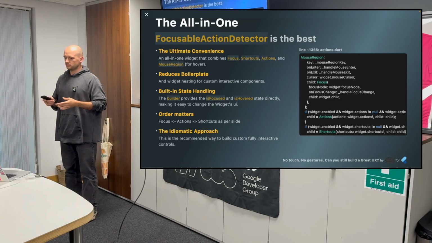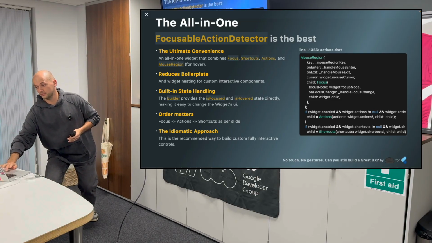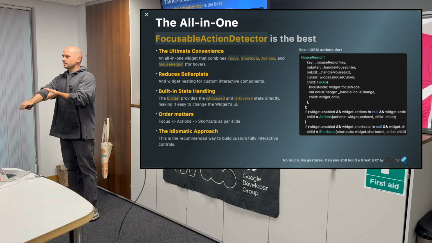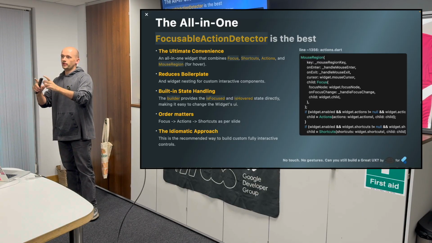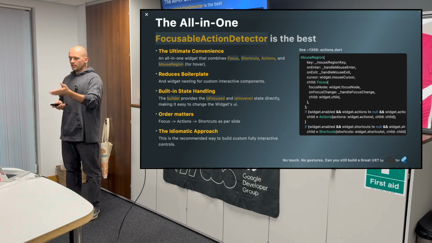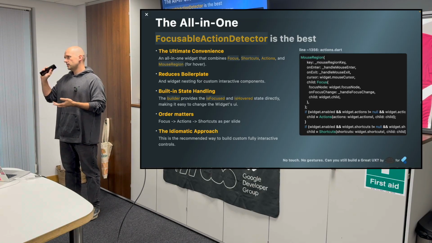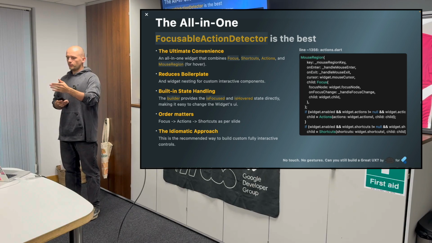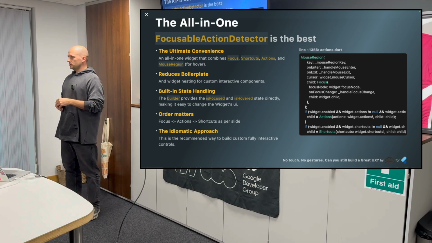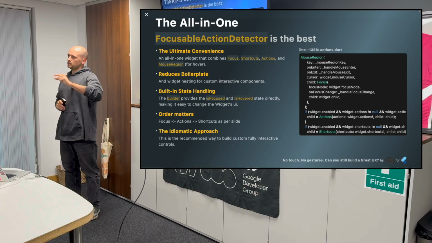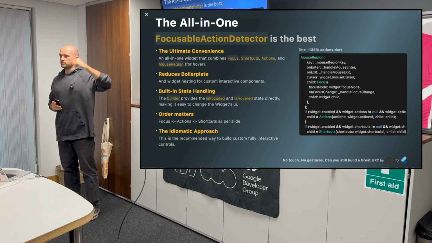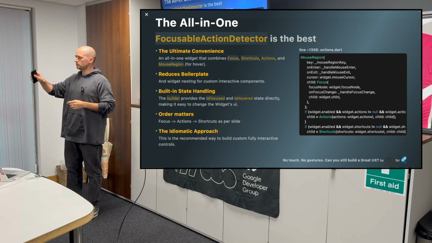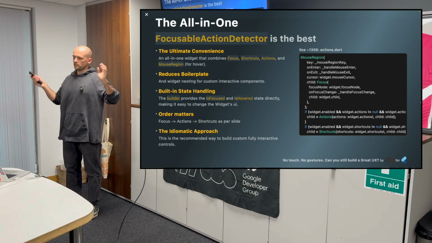And we need to show the user that this widget is currently being interacted with. Focus, for the sake of navigation, that's what we said already. We have actions here straight away, and shortcuts. Order is important. The Focus widget should be below Actions. Actions always higher, and Shortcuts always higher than Actions. So Shortcuts, Actions, Focus, MouseRegion, doesn't matter. It should be somewhere.